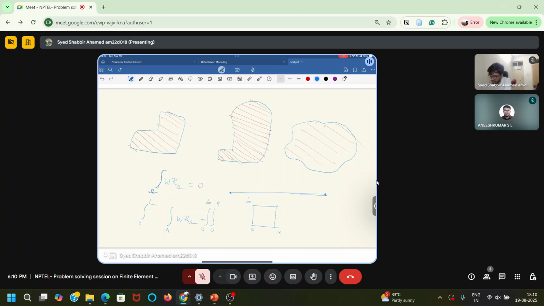I can do this integration because these are regular domains. It is easy to do integration and all these kinds of things.